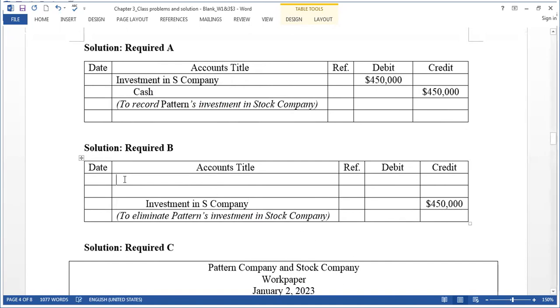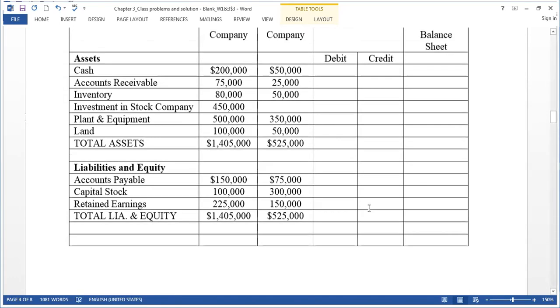And we have to close common stock. We have to close retained earnings. We don't have additional paid-in capital. Close the retained earnings. And how much?